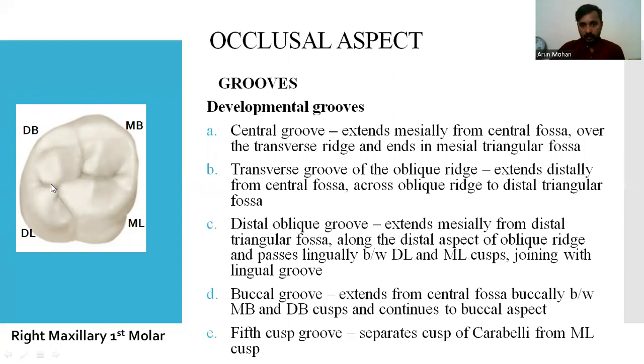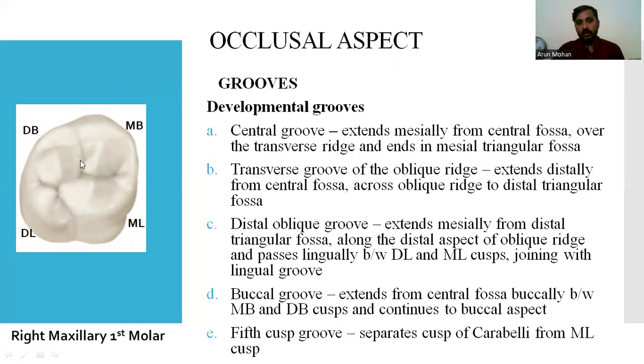It moves mesially from the distal triangular fossa along the distal aspect of the oblique ridge and passes lingually, joining with the lingual groove. As we know, the lingual groove divides the mesiolingual and distolingual cusps, and this distal oblique groove extends mesially and lingually and joins with the mesiolingual developmental groove.